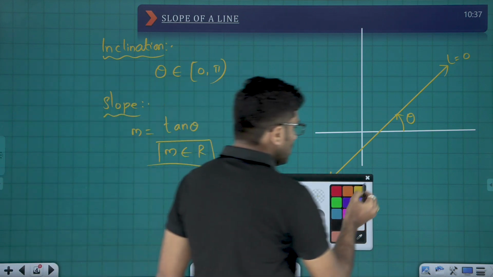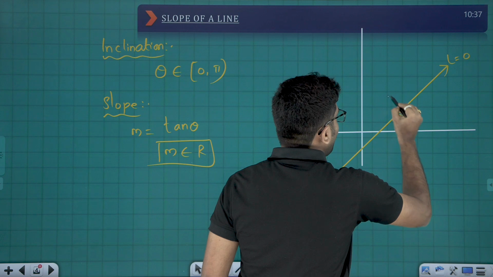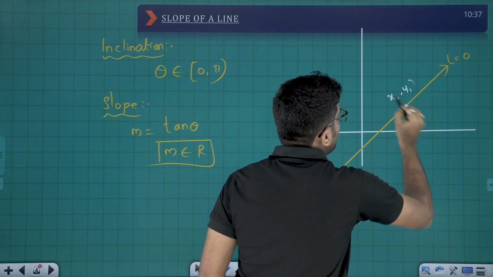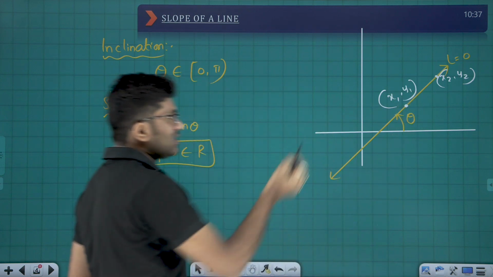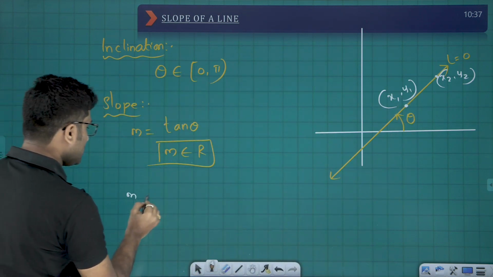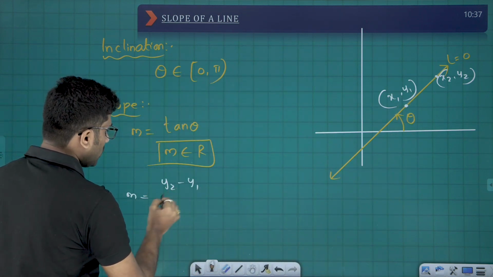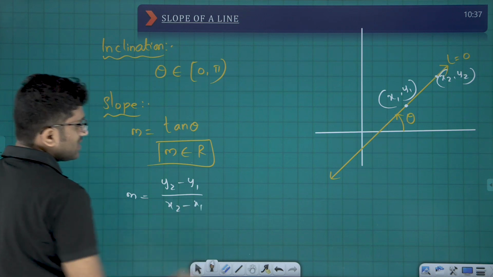Now suppose if this line is passing through 2 points (x1, y1) and (x2, y2), then slope of this line, if 2 points are given, m is equals to (y2 minus y1) divided by (x2 minus x1).